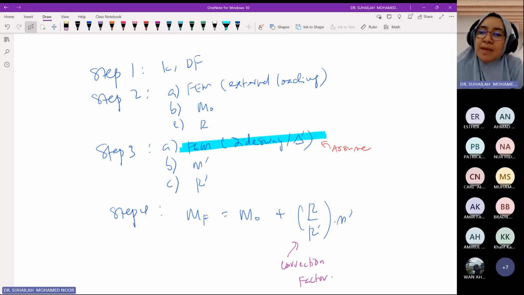Assumption means maybe A pilih assumption lain, another student B pilih assumption lain. So that's why dia ada correction factor. So R divided by R prime is correction factor. So at the end of analysis, everybody akan get the same answer. So that's the idea.